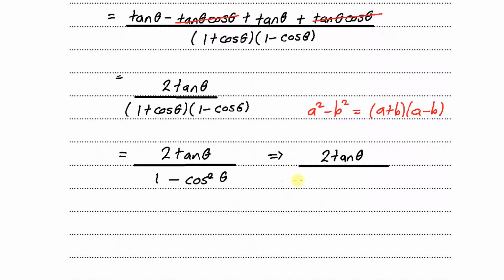And here 1 minus cos squared theta, using the identity, is actually sine squared theta. Now 2 tan theta is like 2 of sine theta over cos theta. That's the identity for tan, and we're dividing it by sine squared theta.